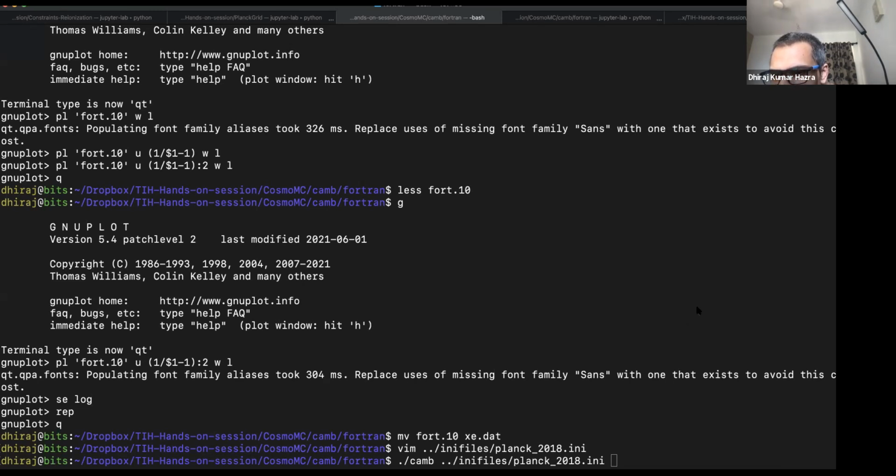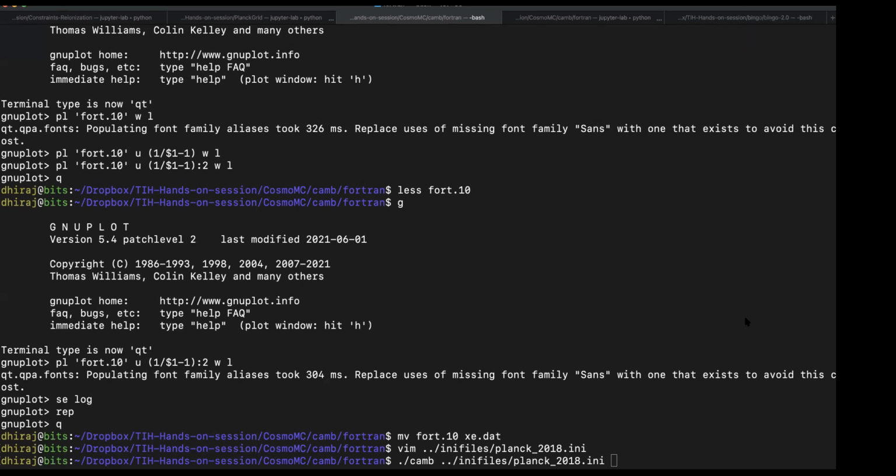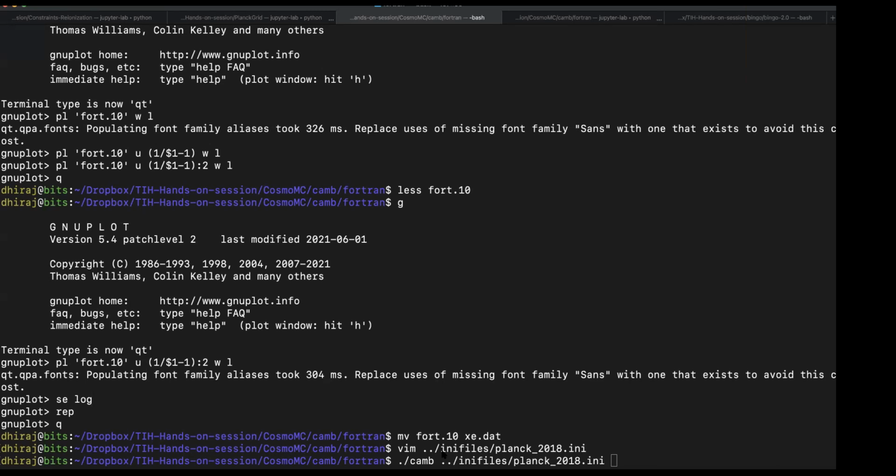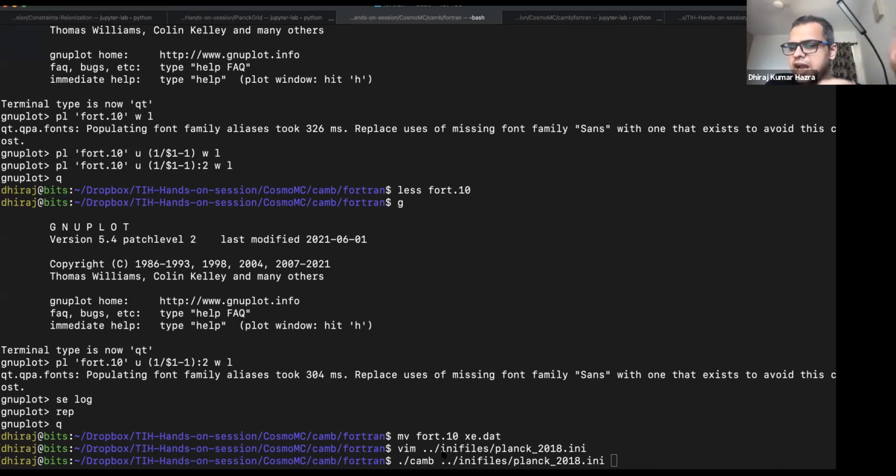Is this just viewing the file or initializing the variable? Viewing the file means? I mean, the command that I typed, camb with the .ini file, is this just to view in the console what the values are? No. This means you are running CAMB. You are solving the whole set of Boltzmann equations. Everything, photons, baryons, dark matter, neutrinos, everything.